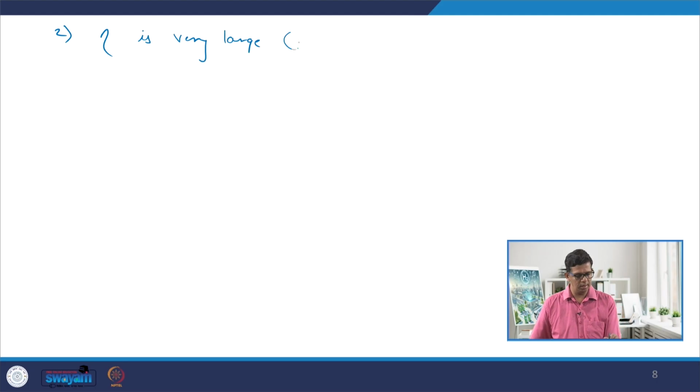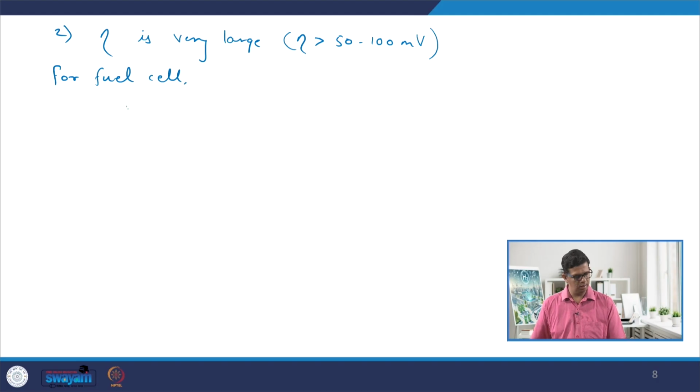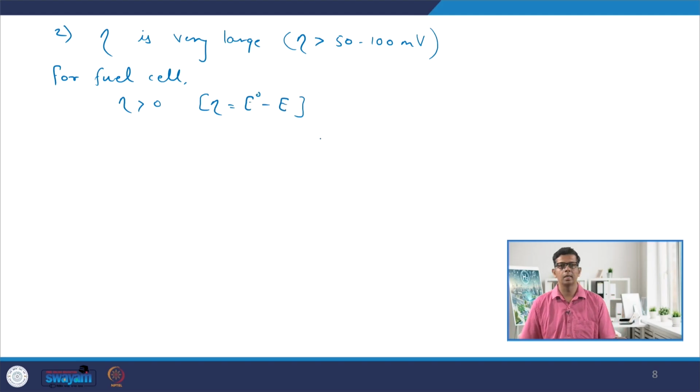Very large means eta is typically more than 50 millivolt and less than 100 millivolt, typically for a fuel cell. Now this eta is positive, as we can see it is E naught minus E. So, E naught is always greater than E. So, eta is positive in case of a fuel cell.